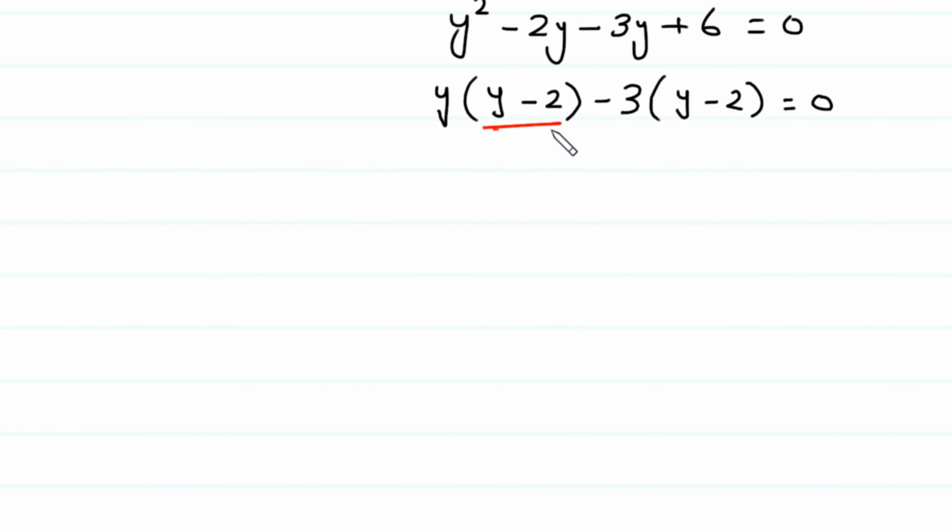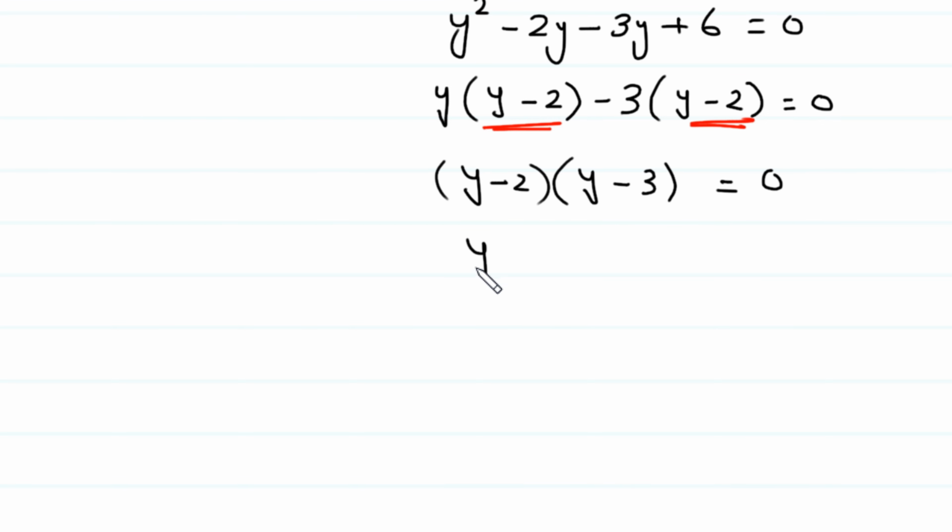From here y minus 2 can be taken as common, and in bracket left this y and this minus 3, y minus 3 is equal to 0.